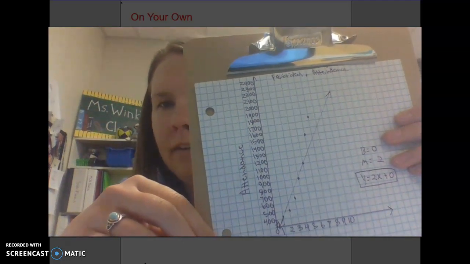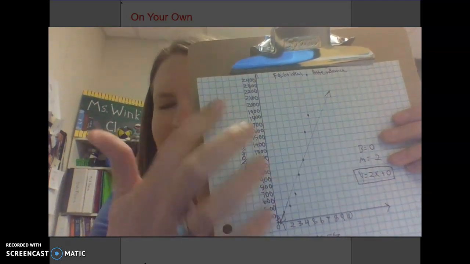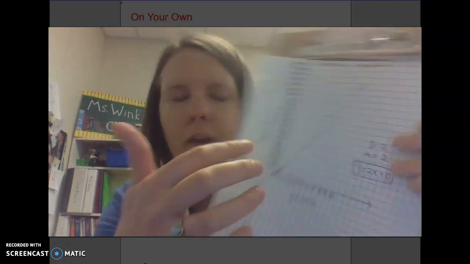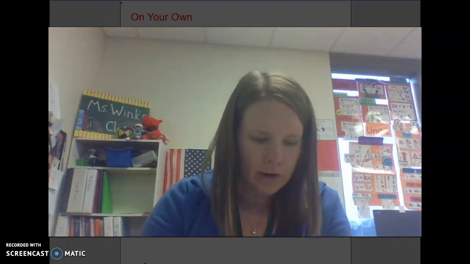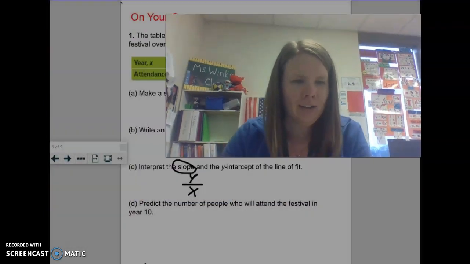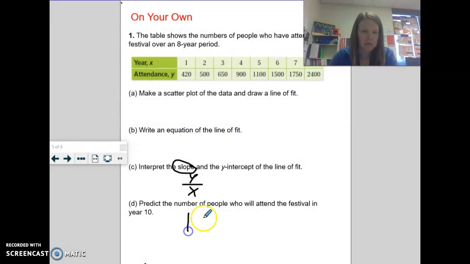Given that, I would say my best guess is still going to be on that line of best fit. So where does my line of best fit continue to at 10? I would say on my end, at least, it looks to be about 1,950, okay? And again, it's a prediction.